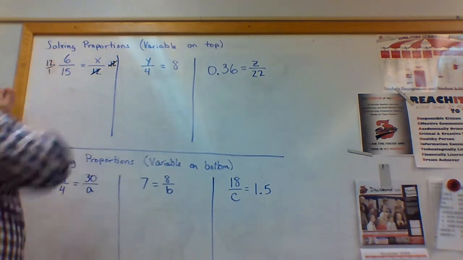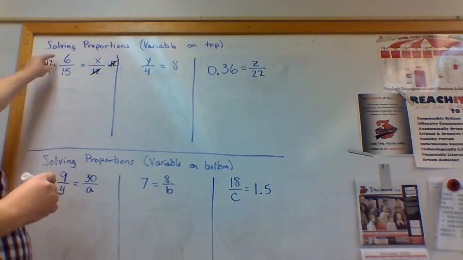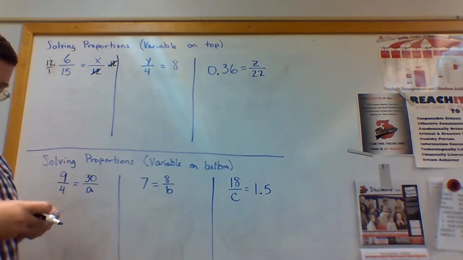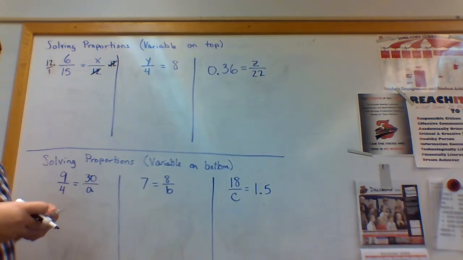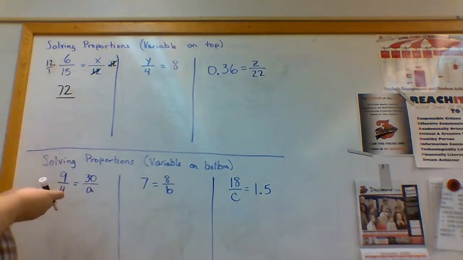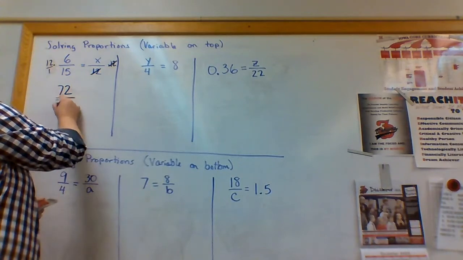And on the other side, now we just have to do this math. 12, which we could write as 12 over 1 if we want to, is 12 times 6. We do that. 12 times 6, let's see, grab the calculator here, is 72. And then in the denominator we have 1 times 15, or we could just say 15.